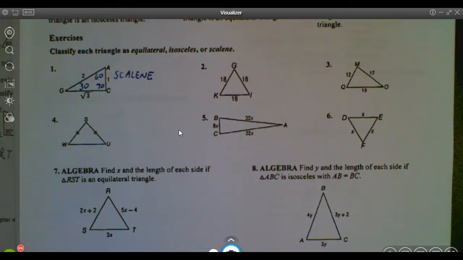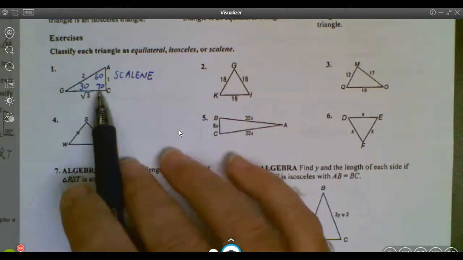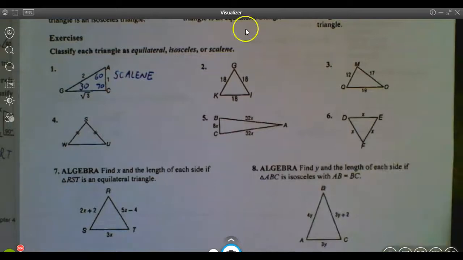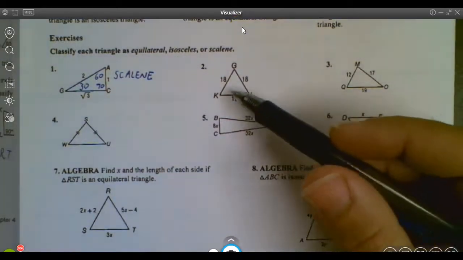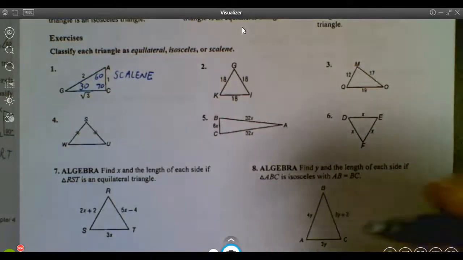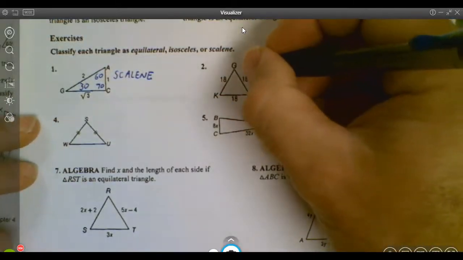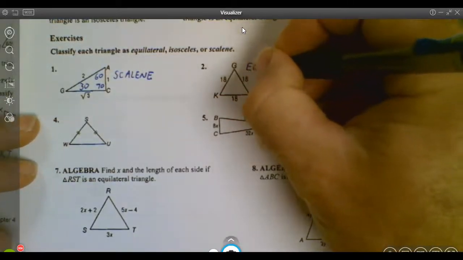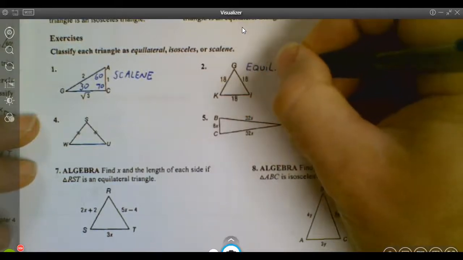We could give it a name based on its sides, and we could give it a name based on its angles. So I want to make sure we're hanging on to both those ideas as we go through. I'm going to do the same thing on this one. First thing that we notice right off the bat is, of course, all the sides are the same. So just based on the side lengths, this is an equilateral triangle.